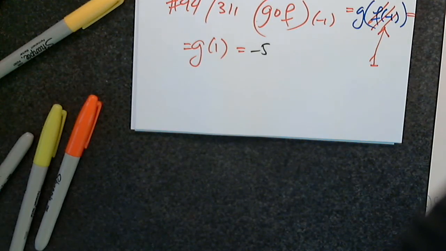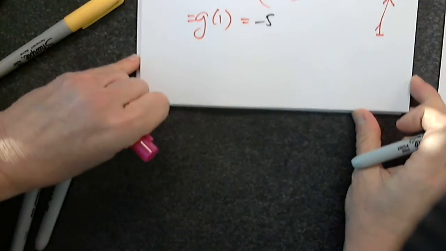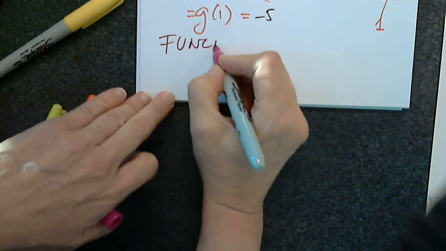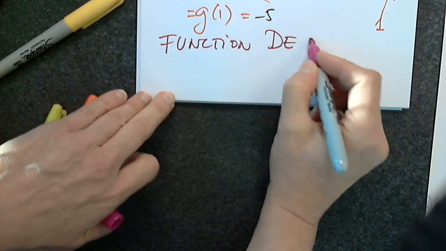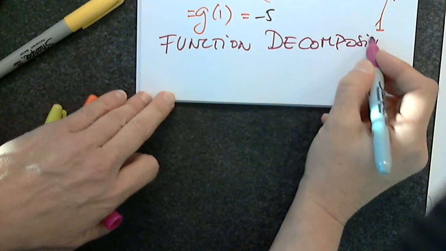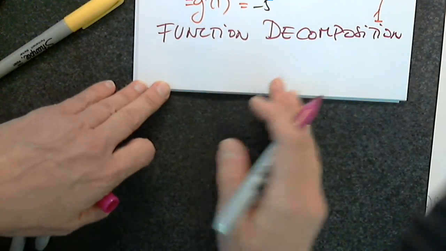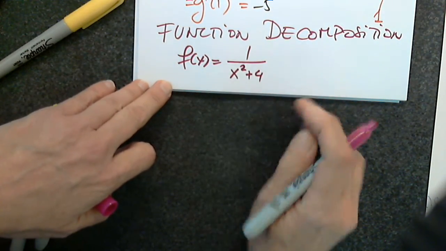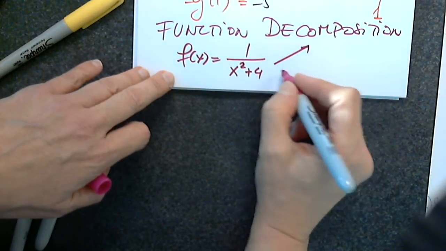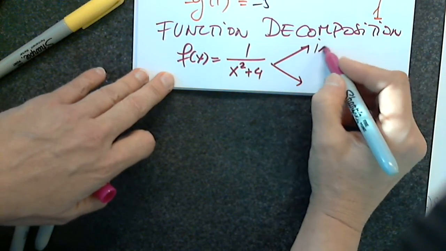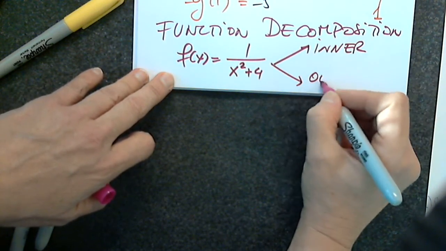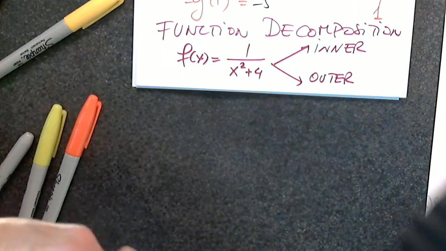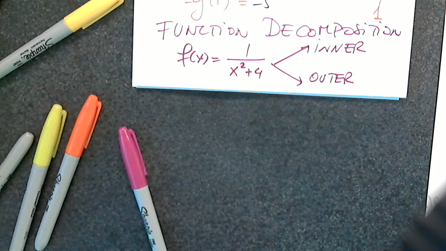Very good. Now I would like to ask you this question. It's called function decomposition. Let's say we have f of x equals 1 over x squared plus 4. And I would like you to create two functions, one that is inner and one that is outer, such that when I create the function composition, I get the original function.